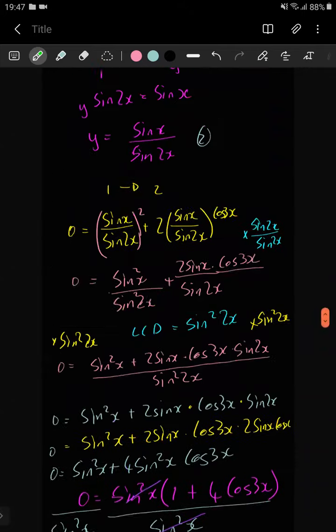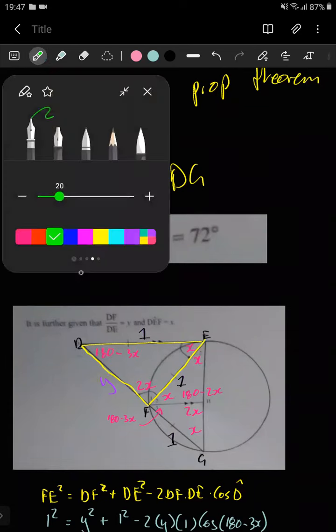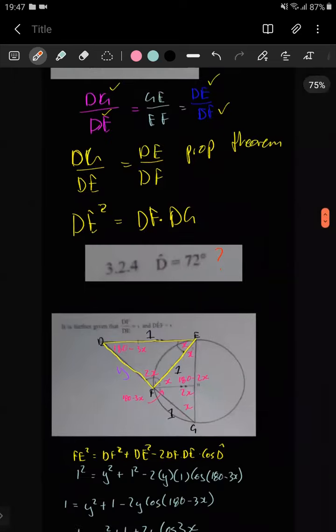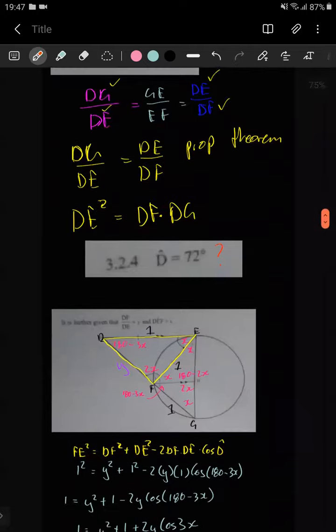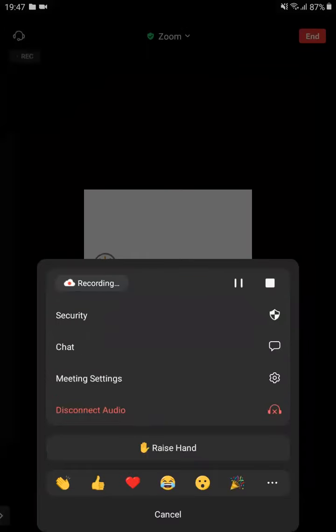If that's what x is, then 180 minus 3 times our answer, what does that give us? 75.5 something. I don't know why this one is really not working for me. For now, I'd rather not spend too much time on it. I'll look at it later. So let's pause this one. Let's stop this video. Stop.